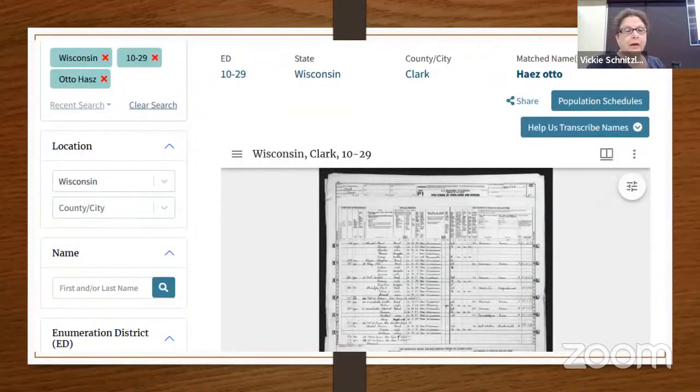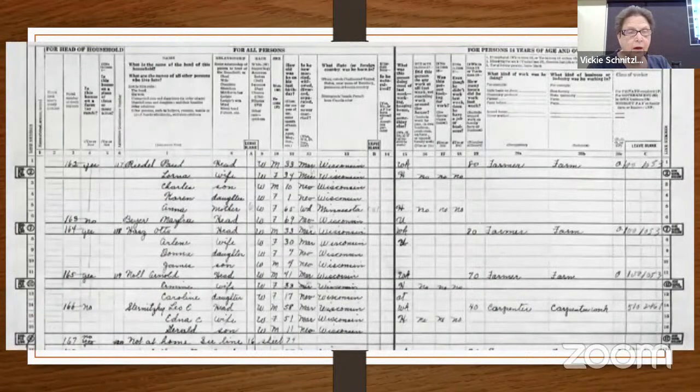Okay, let's go and see what else we can find on the census records. Let's get into some of the specifics. Next slide, please. Okay, what I've done is pulled it up a little bit closer. If you look to line 7, which is this line right here, and we follow across, it says Haas Otto, head, meaning the head of the household.